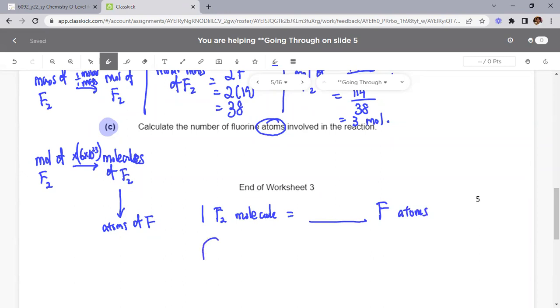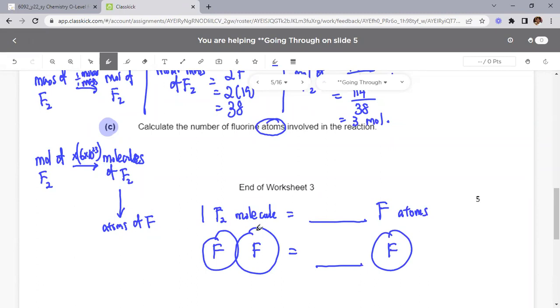So think of it as this is an F2 molecule. This is equivalent to how many F atoms? If you go by visually, you can see down here, one F2 molecule actually consists of two F atoms. So one fluorine molecule will consist of two fluorine atoms.